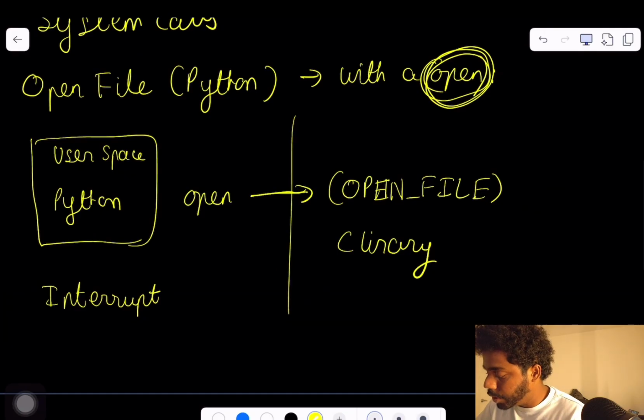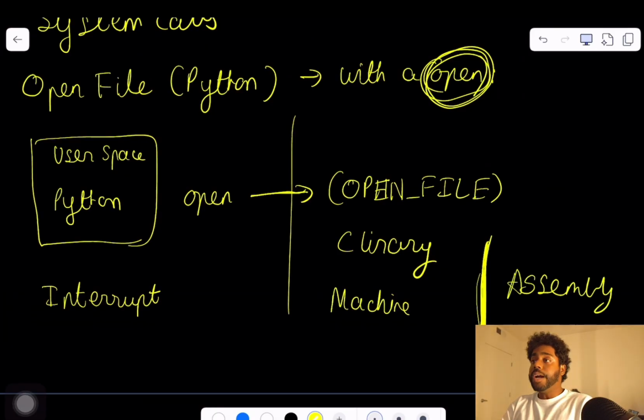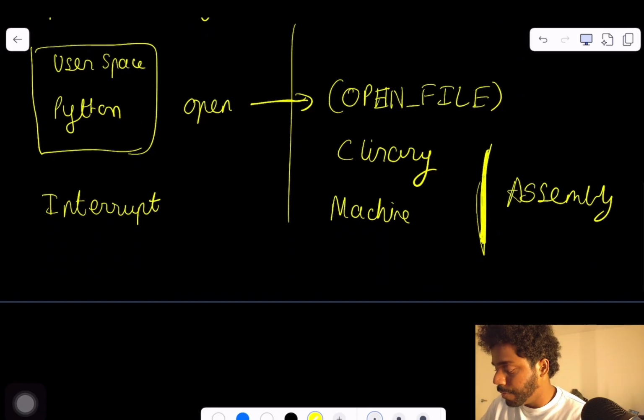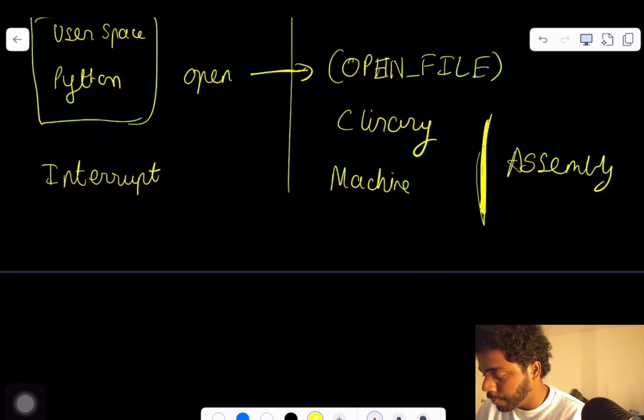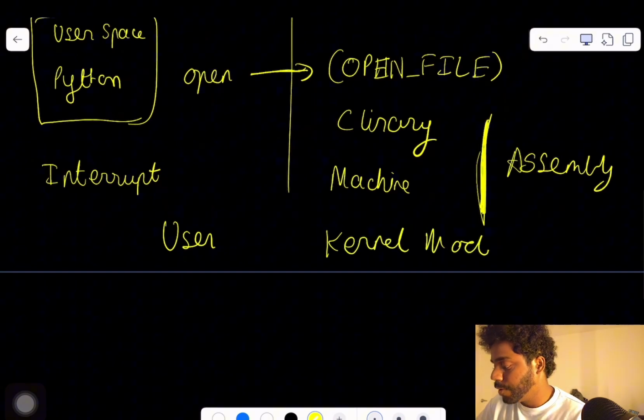You have your machine here, and you have your assembly level code that has all the registers here. The boundary between that is usually the C API in which all of the function calls are written. Okay. Now, with that information in mind, it switches from your user to the kernel, after sending an interrupt, right?